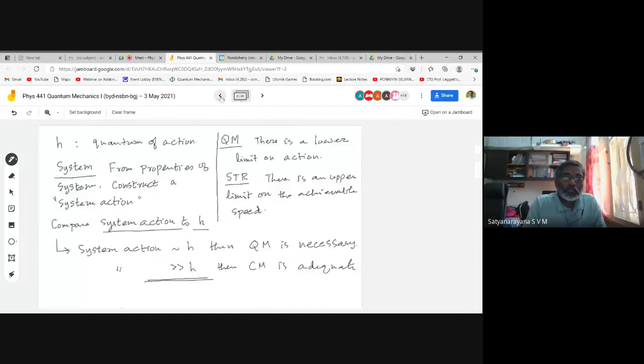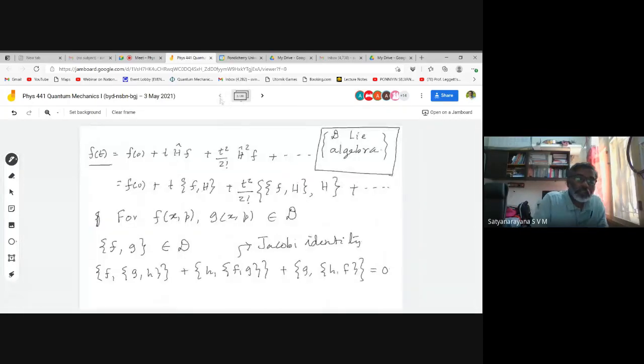Okay, so it is like this. H square acting on F is like H acting on H acting on F, right?